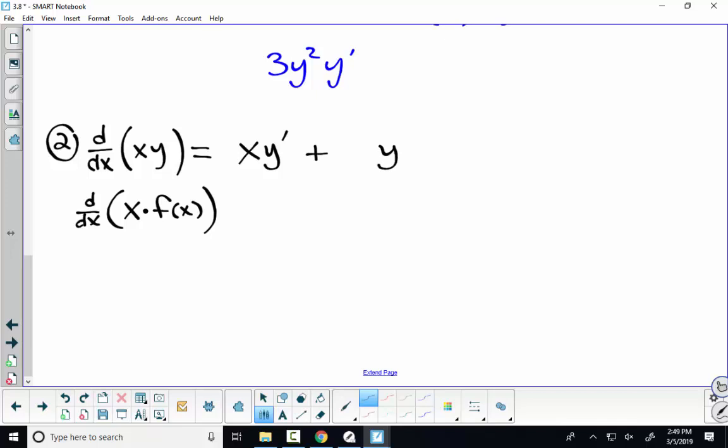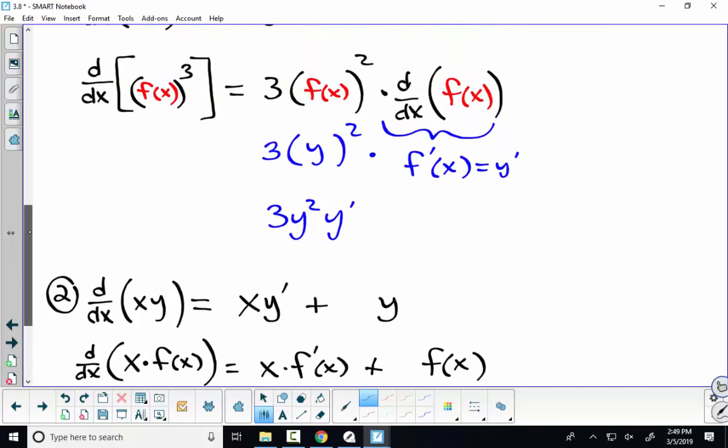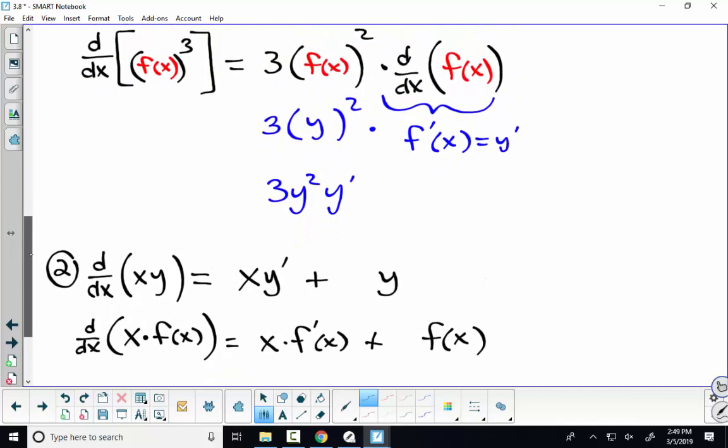What's the derivative of x? 1, right. Or we say first times the derivative of the second plus the second times the derivative of the first. Okay, so x y prime plus y is that derivative. Do y'all have any questions on that?